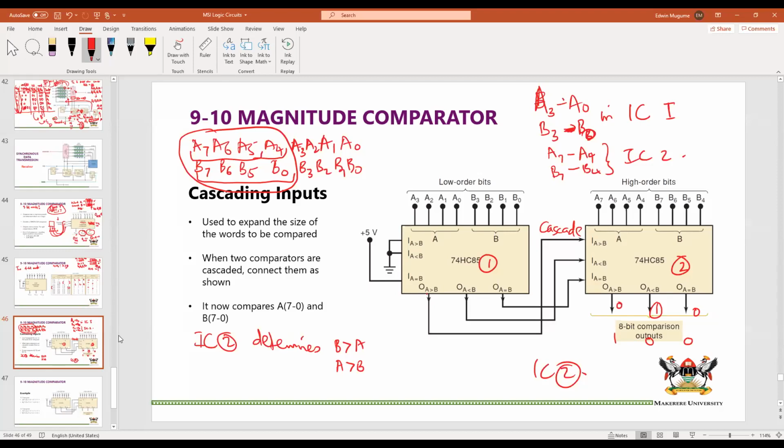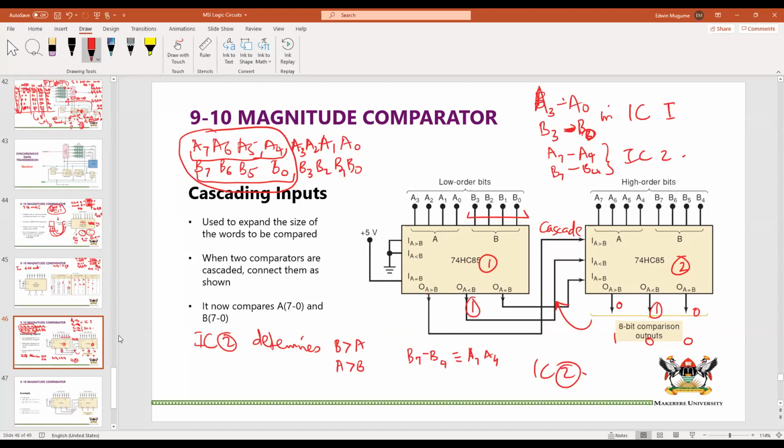However, in a situation where B7 to B4 is equivalent to A7 to A4, this IC will now consult IC1. It will see from IC1 which of these is high. If it is, for example, B, then that means that this would be a 1.